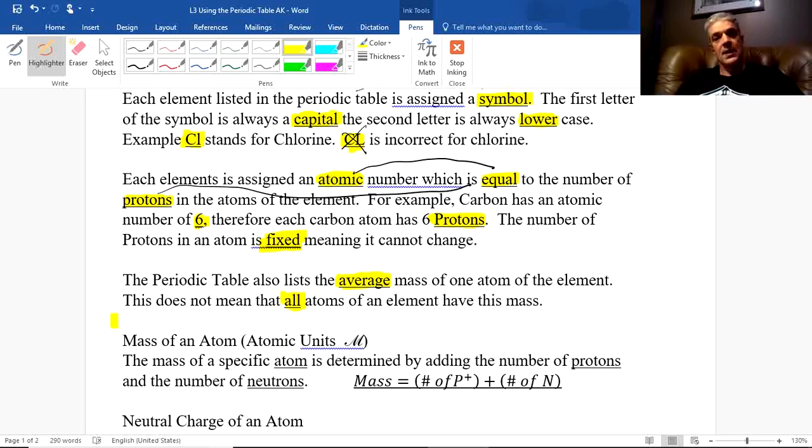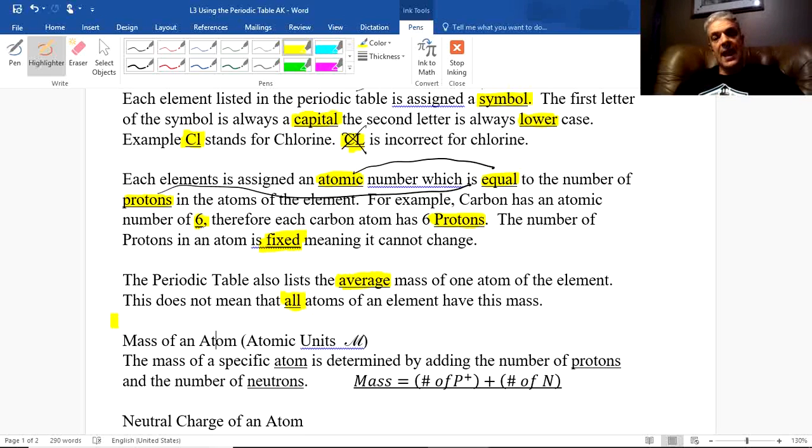Think of it this way: if I was to take the mass of every student in our school, or classroom, whichever way you want, and I came up with an average mass of 67.42 kilograms, there might not be one student in the whole school that weighs exactly 67.42 kilograms. You're either going to be above it or below it, but you might not have any students that actually weigh that weight. So that is a possibility, and it's the same thing with atoms.